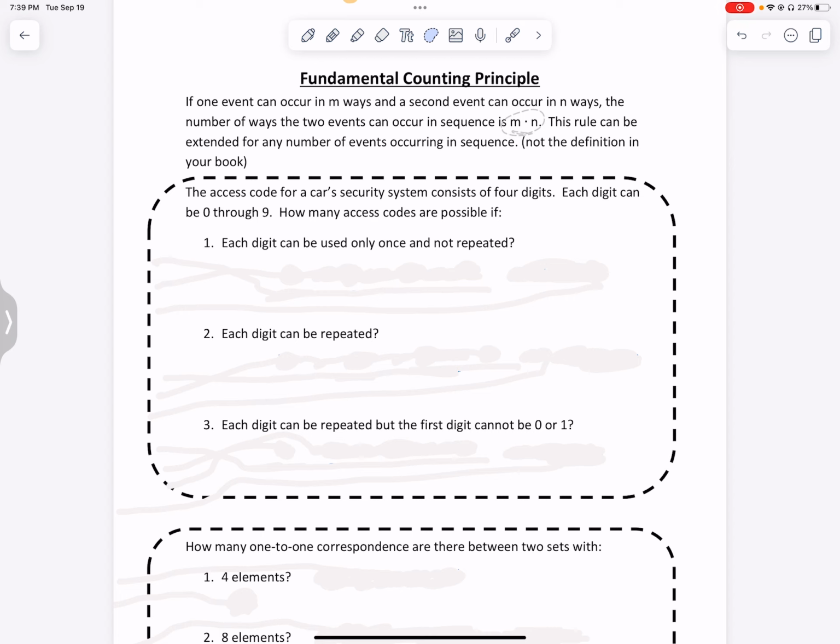Each digit can be 0 through 9. In other words, you can't have a 10 as one digit, right? So 0 through 9. How many access codes are possible if each digit can be used only once and you cannot repeat it?